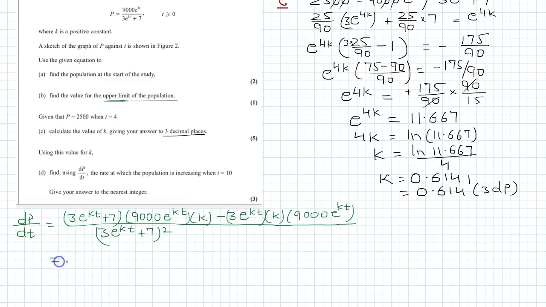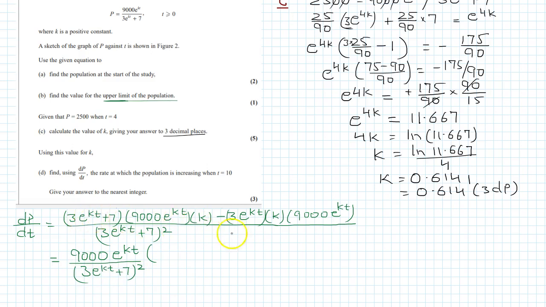So that is equal to 9000 e to the power kt. 9000 e to the power kt is common, so 9000 e to the power kt over (3 e to the power kt plus 7) square.